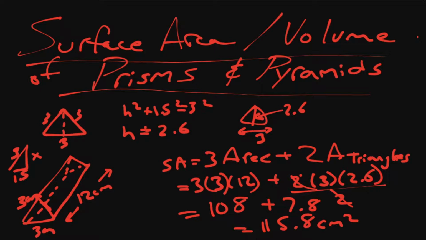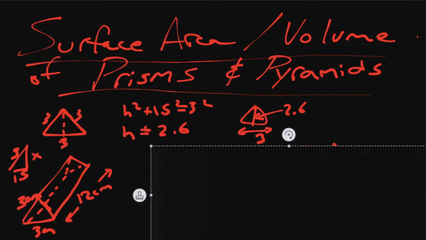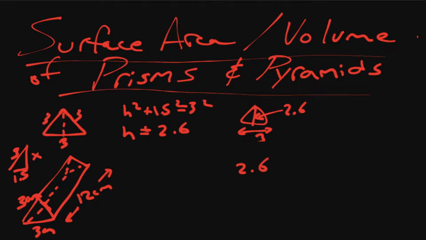Okay, we're gonna do the volume for this too very quickly, which is much easier. The volume for this prism is basically the base, which is a triangle, times the height. So the surface area of the triangle times the height.